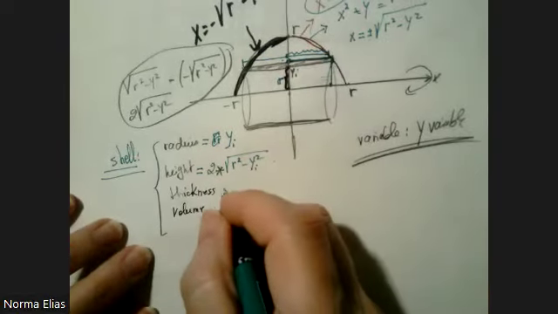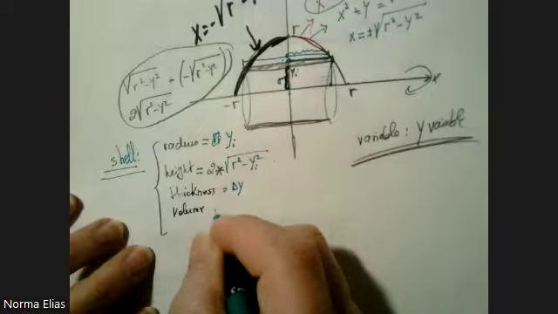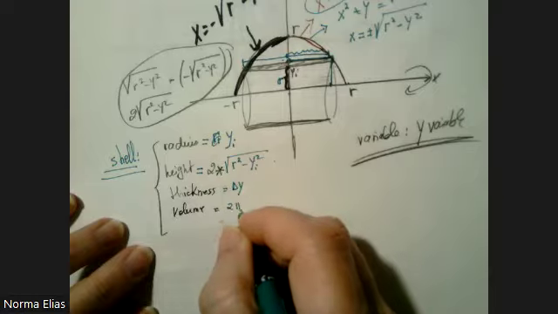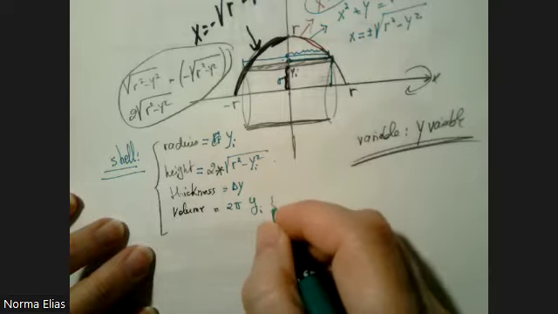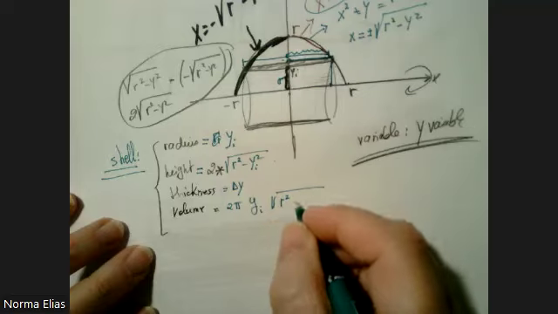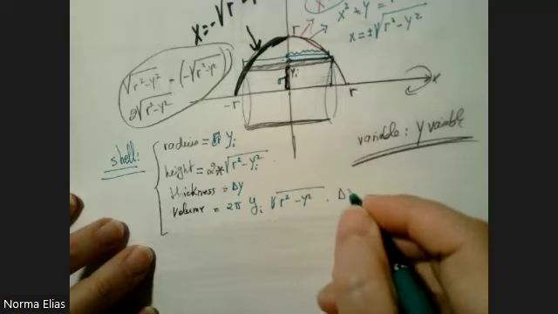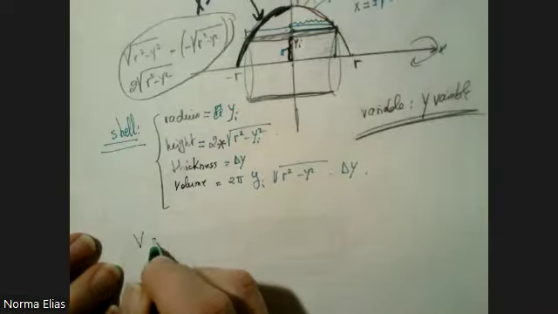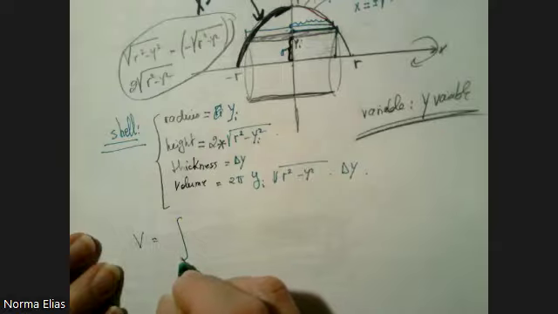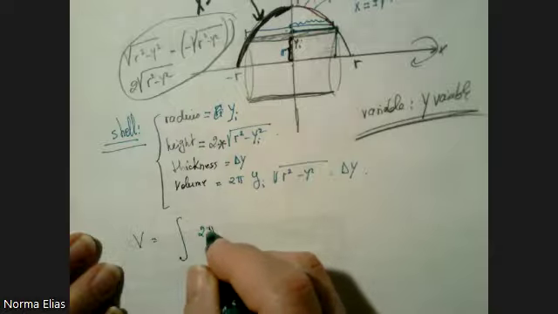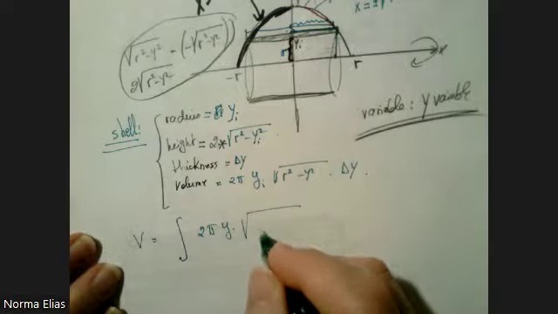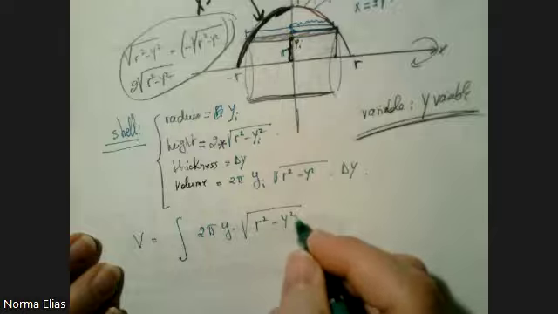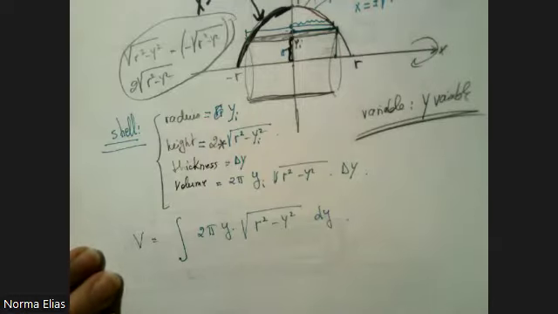Okay. The thickness is the delta y, and the volume is 2 pi yi times the height times delta y. So finally, the whole volume is going to be the integral of 2 pi y square root of r square minus y square dy.